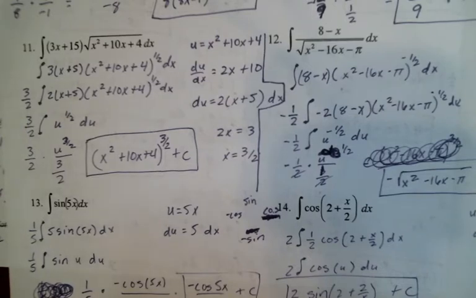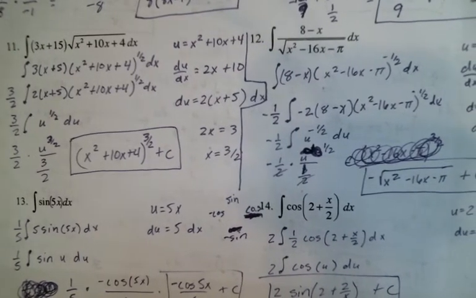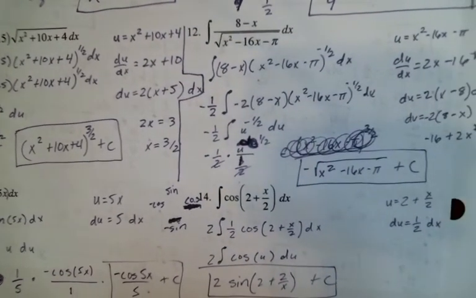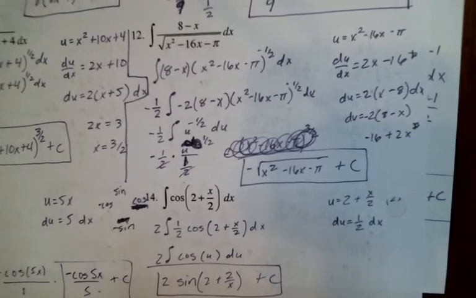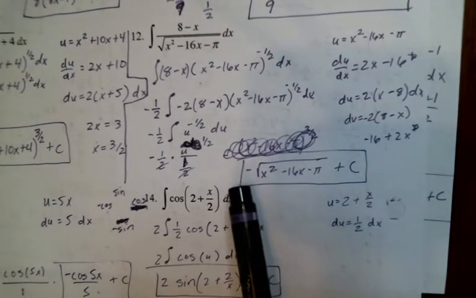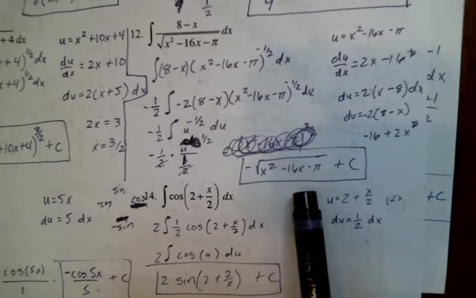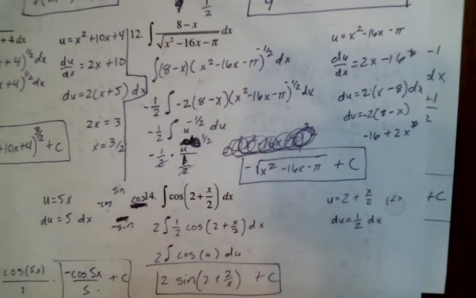Okay? All right. From there, number 12 would be negative radical x squared minus 16x minus pi plus c.